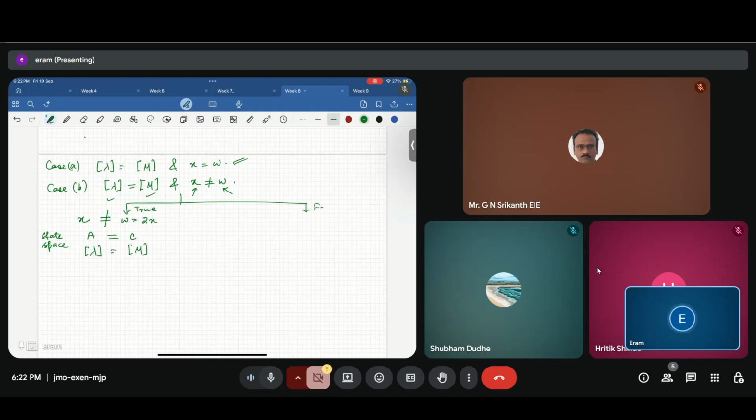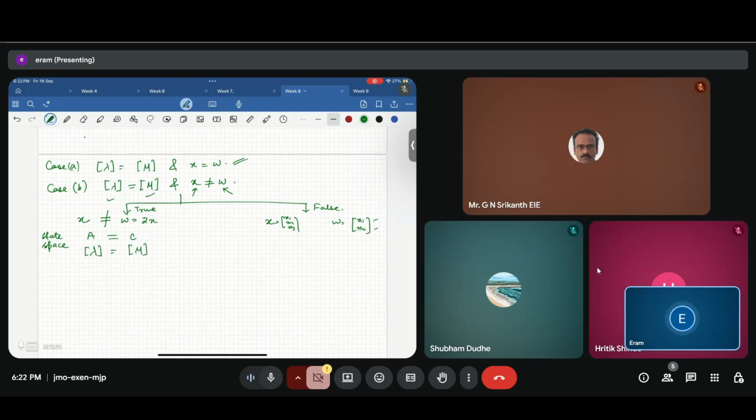But for the case where this option is not true, let's suppose someone has chosen states as x, a set of states, it can be x1, x2, x3, and w is, let's suppose, just x1, x2. There can exist a minimal realization of the system where two states will be enough to tell everything about the system.